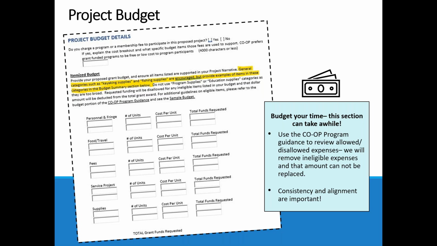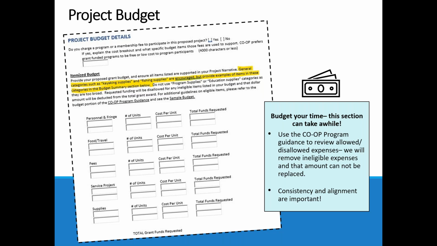The budget is separated into a couple different sections. Personnel, remember that all personnel that are funded by the grant must be directly related to the project, and they should be included in that key personnel section. This includes things like if you're paying stipends or internships, those also should be included in the key personnel section.